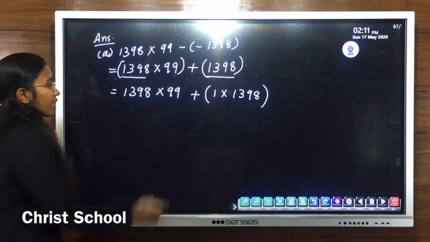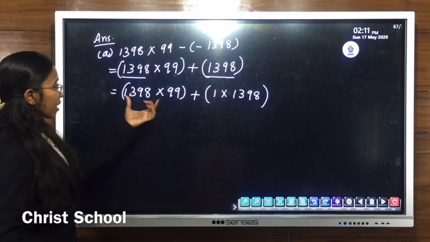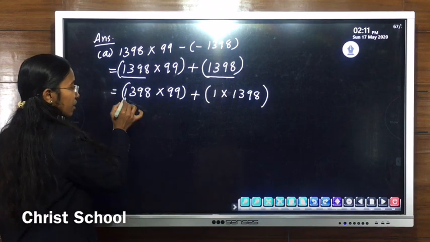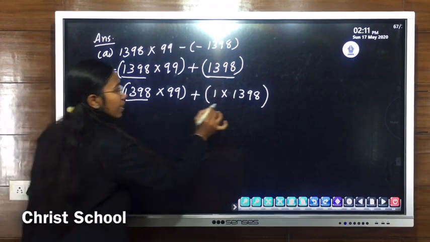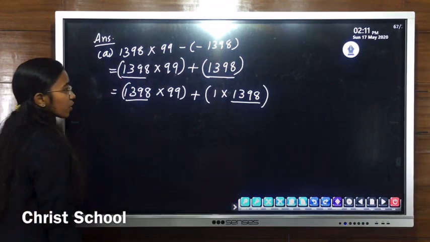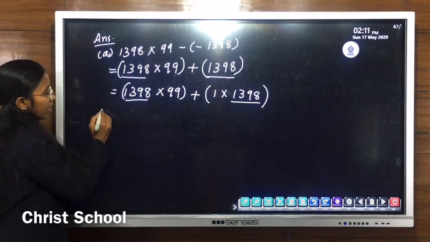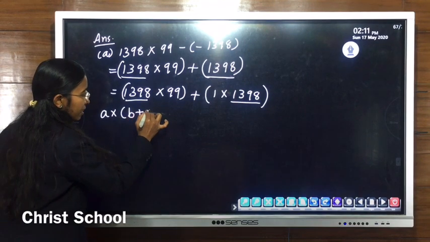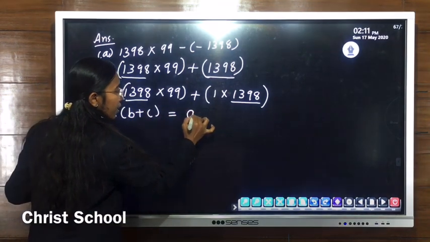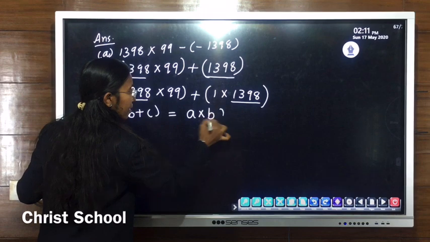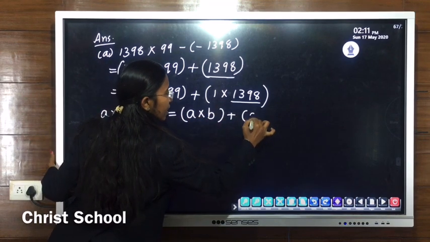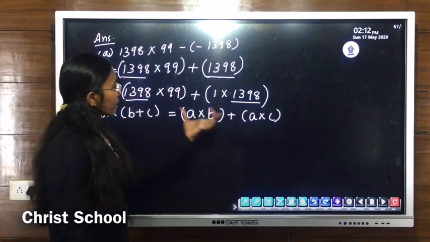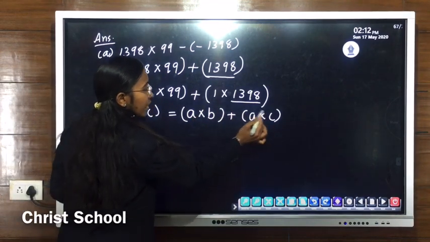So here two terms are here. First term is this one and this is the second term. For both terms one number is common. So we know what is our distributive property. A into B plus C is equal to A into B plus A into C. So this one is in this form, A into B plus A into C form.